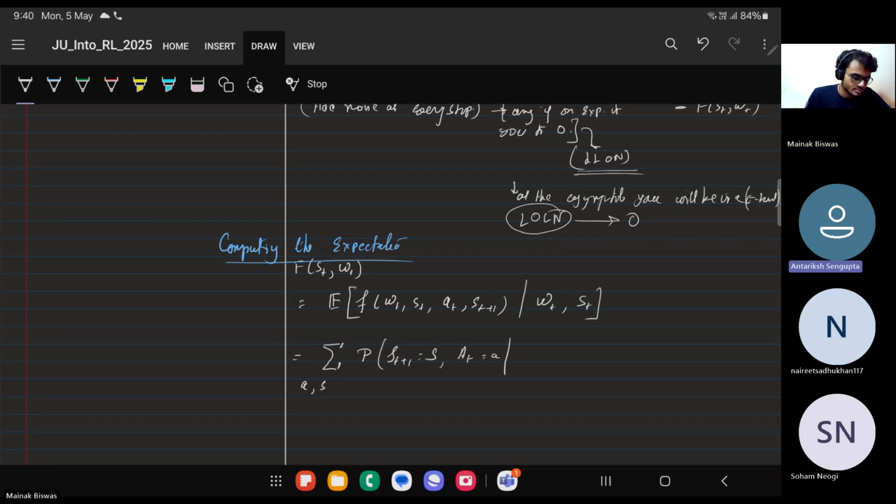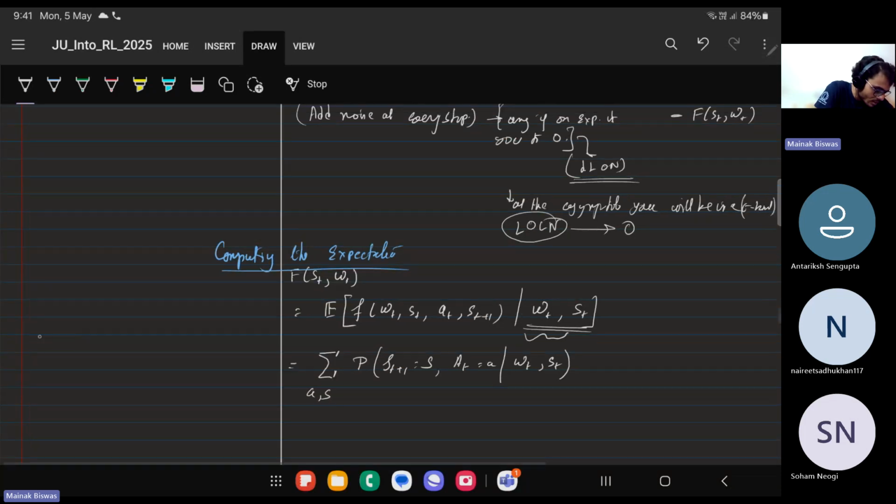Within the A's distribution we can write pi, and within the S's distribution we can write the Markov chain's probability distribution. Just, you have gone very far. We did not even write the double expectation. This term is conditioned over w_t and s_t, right? Shubham, is this fine? Yes, this is conditioned over f of s_t. So how do you remember?